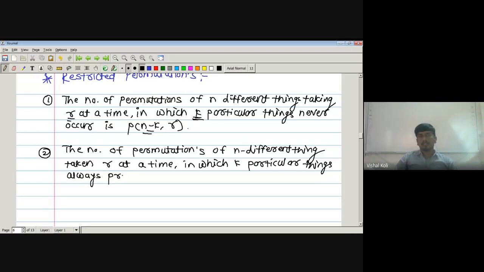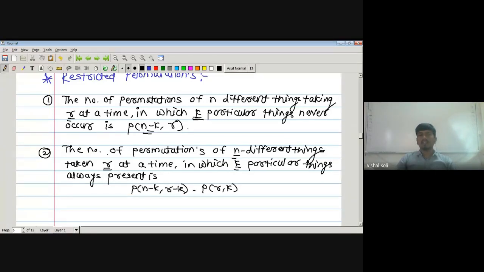Here we take r things from n things, and k things will always be present. That is, these r things contain these k things. From r, k are always present, and the remaining is the permutations of n minus k things where r minus k will be taken at a time.